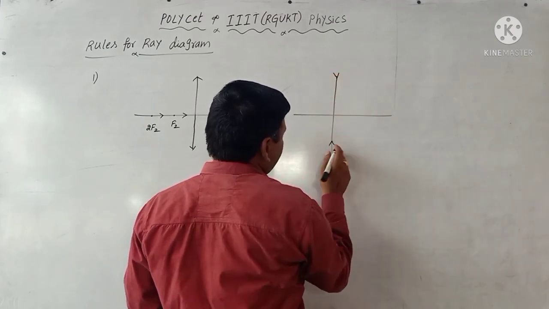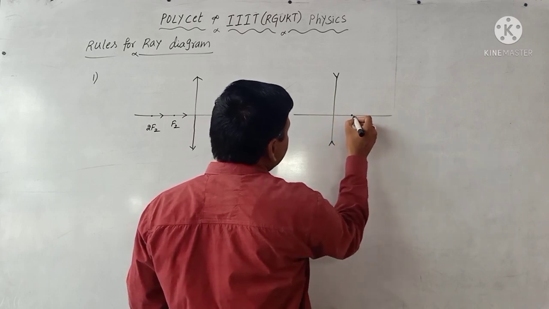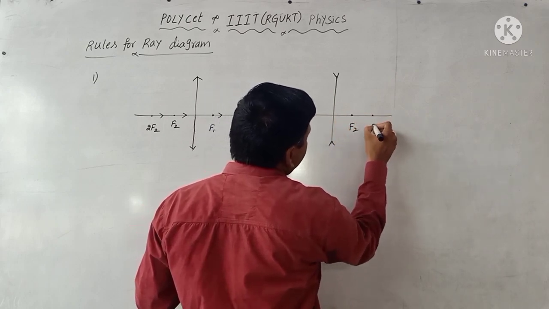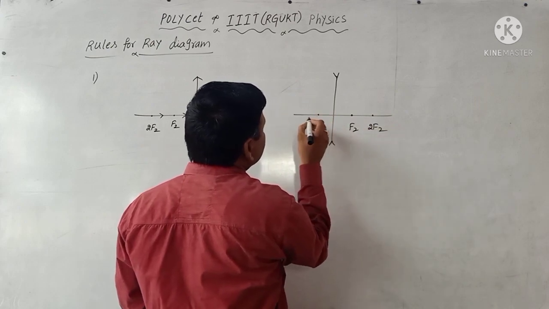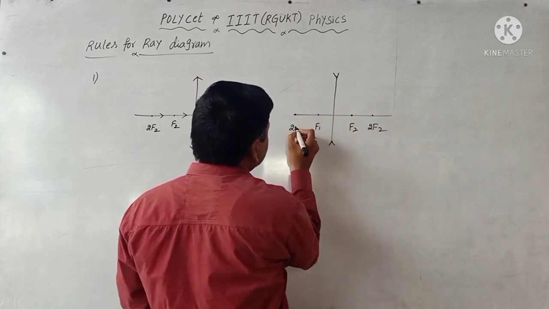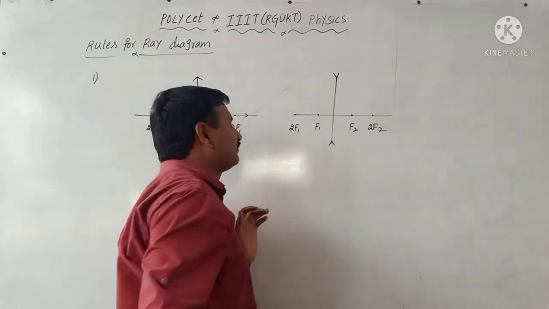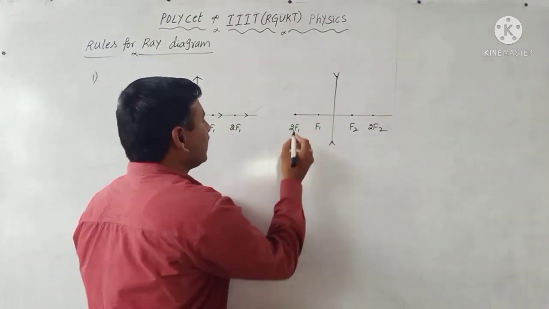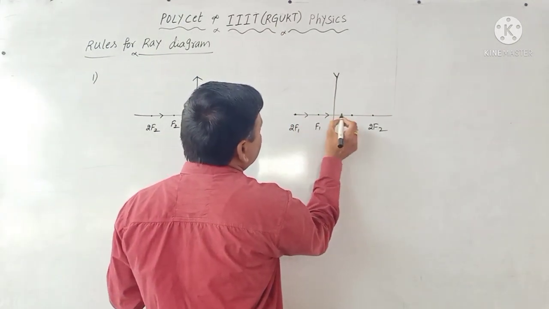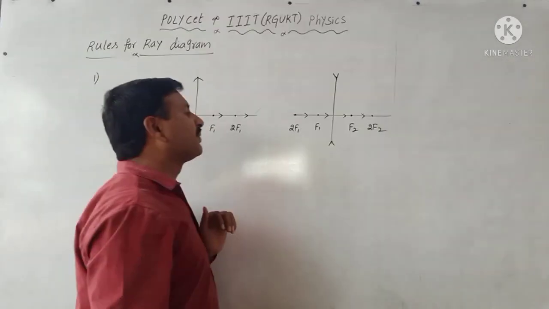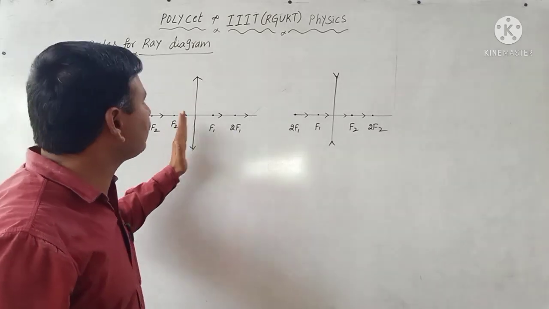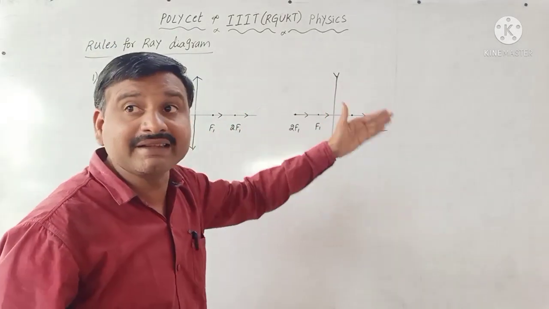So concave: it is F2, it is 2F2, and it is F1 and 2F1. The light rays passing through the principal axis, either convex or concave, are undeviated.